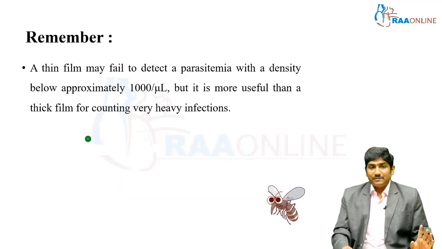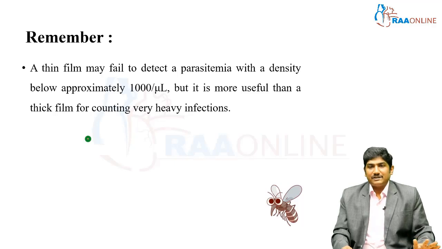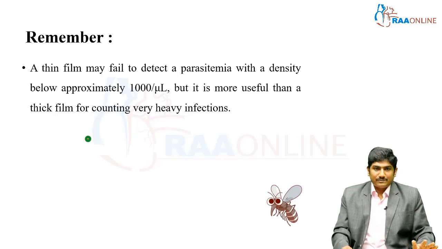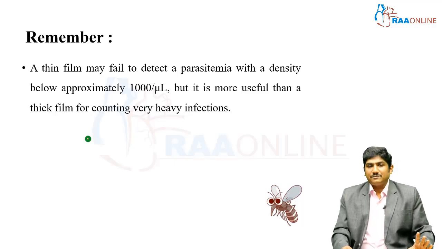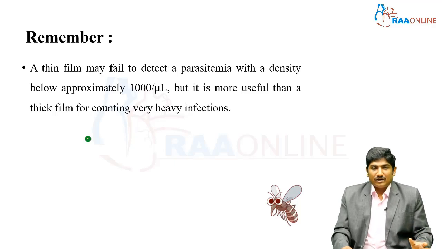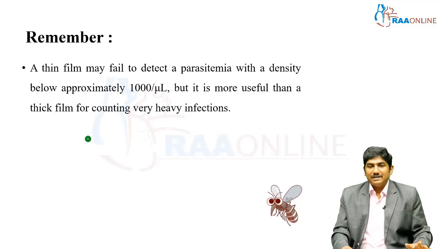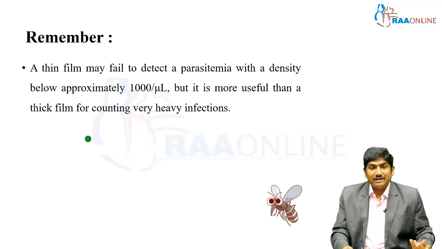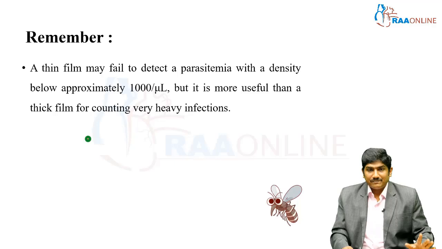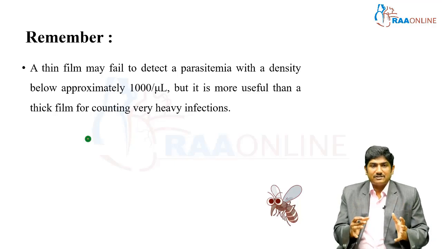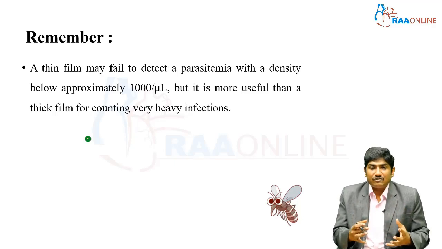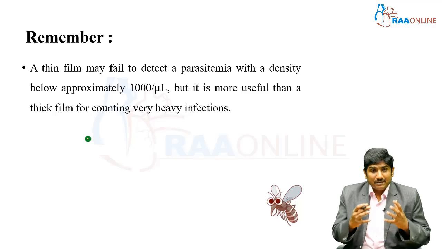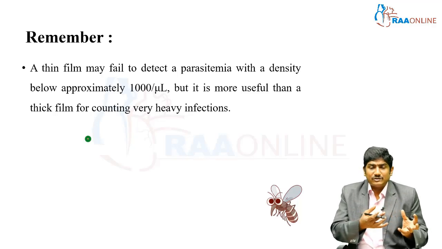Remember, a thin film may fail to detect parasitemia with a density below approximately 1000 per microliter, but it is more useful than the thick film for counting very heavy infections. This is a very tricky statement, because in falciparum the density of parasites is going to be extremely high, but all of this is going to get sequestered.